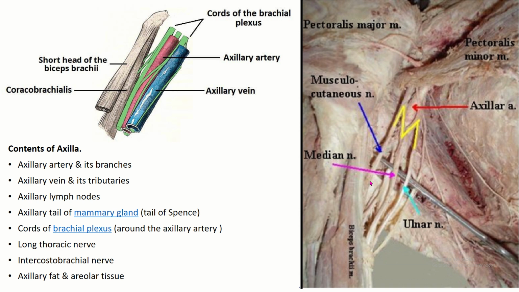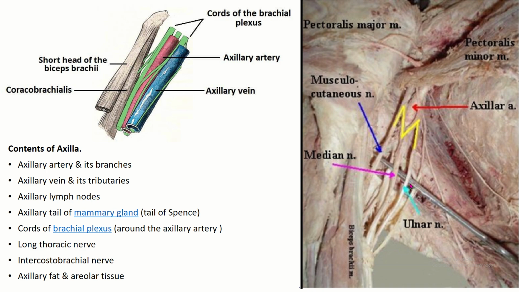This musculocutaneous nerve pierces coracobrachialis and becomes continuous with a cutaneous nerve, the lateral cutaneous nerve of the forearm. Due to this peculiar nature, the nerve is named musculocutaneous: muscular means it supplies muscle, and cutaneous means it continues as a cutaneous nerve, the lateral cutaneous nerve of the forearm.